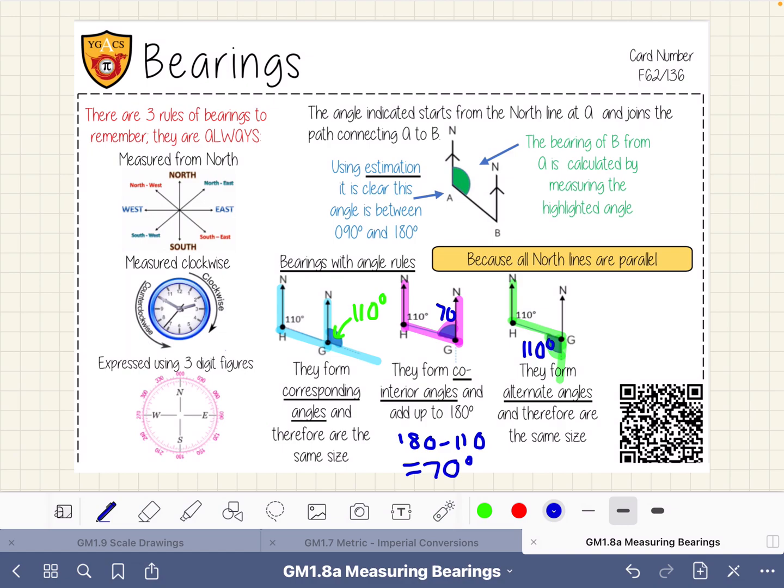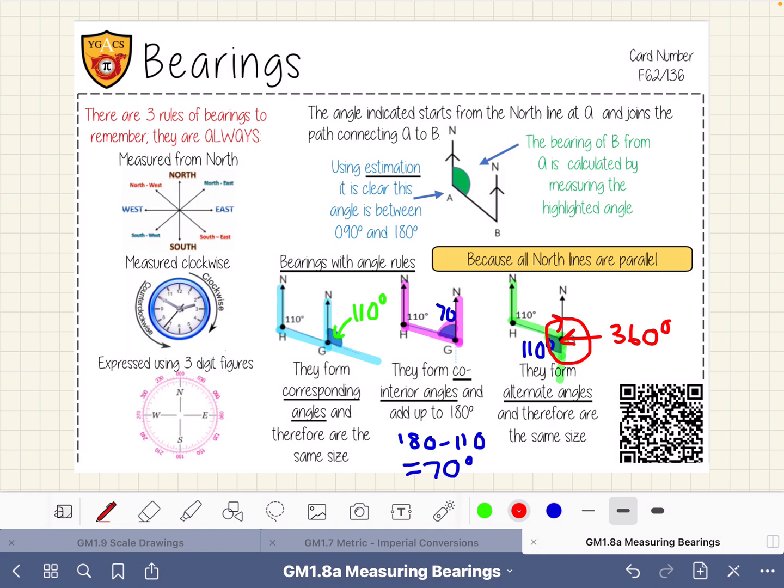Now sometimes we need to go further than the workings out that we've got here, and also consider that we have angles that meet at a point. So this is 360 degrees in total that goes all the way around this shape here.